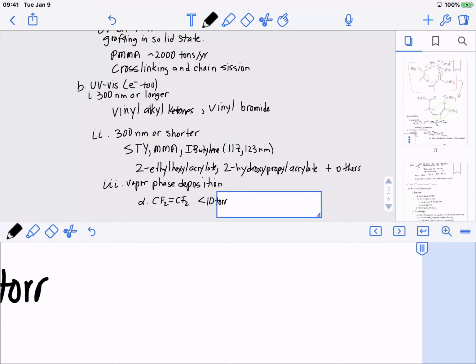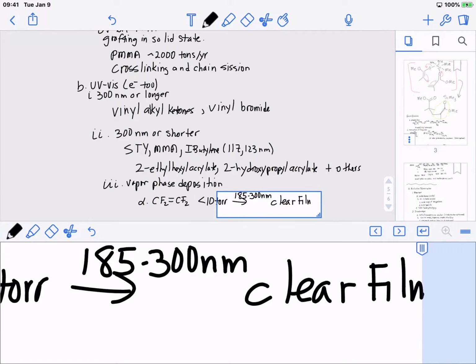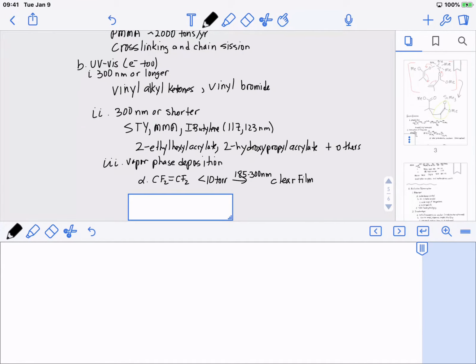If you have 10 torr with UV, 185 to 300 nanometers, you can produce a clear film of Teflon. It's not exactly Teflon, but it's close enough.